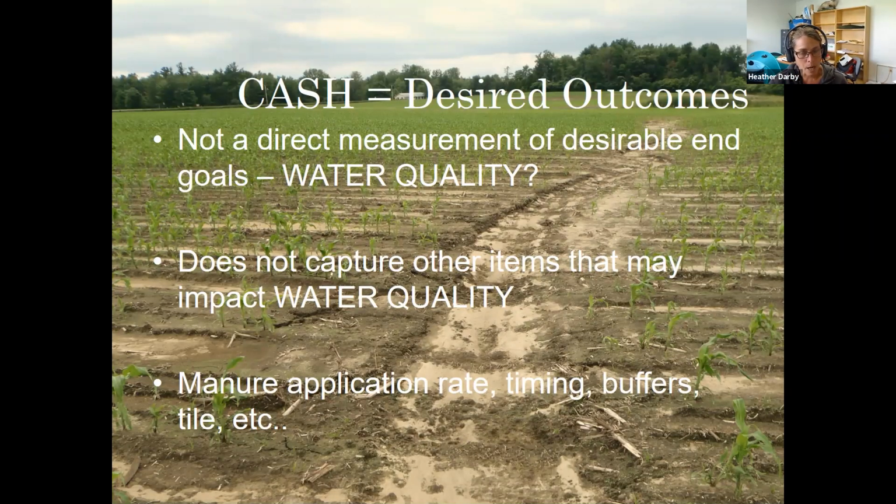The other limitation of soil health testing is it doesn't actually capture all the other items or landscape pieces that may impact water quality. And there's a lot of them, right? We already know this. Manure application rate, timing, buffers, tile. There's lots of factors outside of soil health and soil health measurements that can influence a farm's impact on water. So again, something we need to think about.